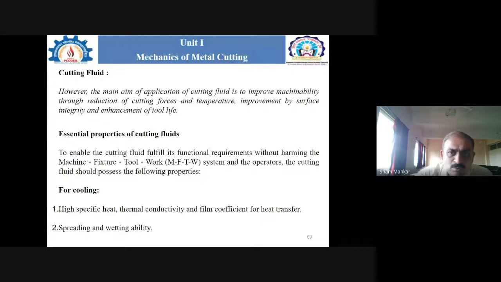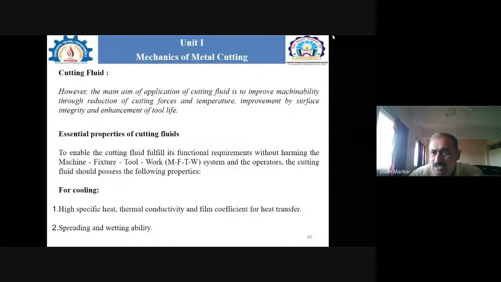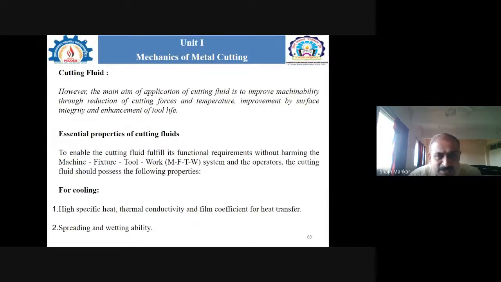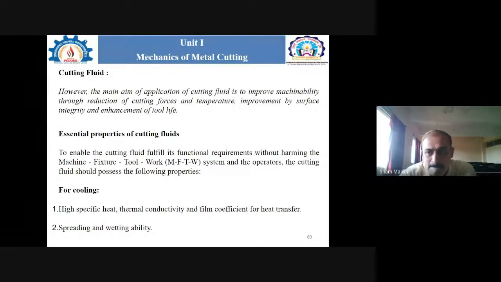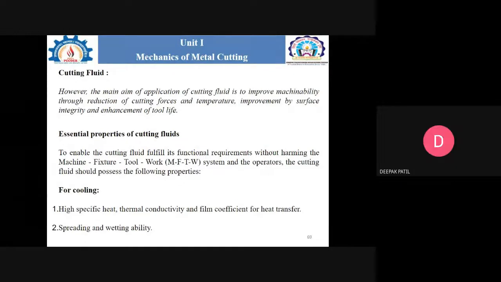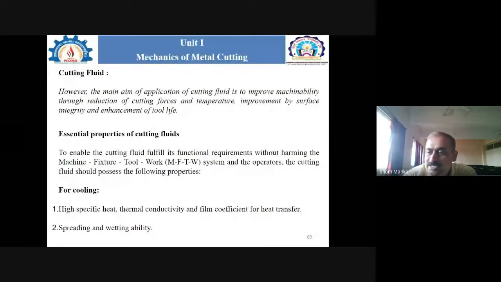So it is mentioned that the main aim of the application of the cutting fluid is to improve the machinability. Does anyone know what exactly machinability means, or what the definition of machinability is? Deepak Patil. Sorry, sir, I don't know the exact definition. But what exactly do you understand from the term machinability?